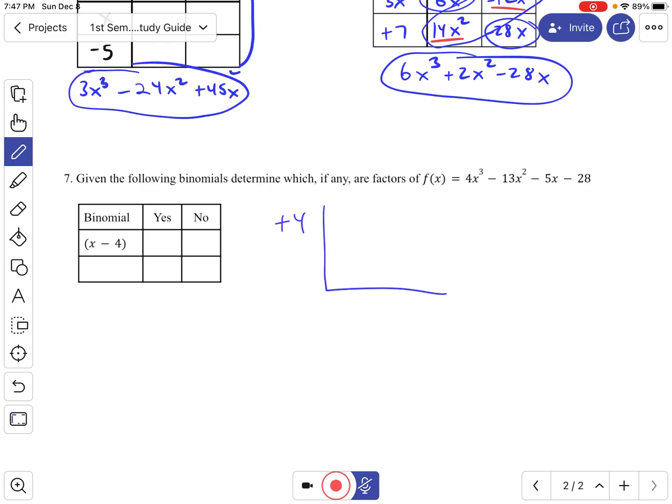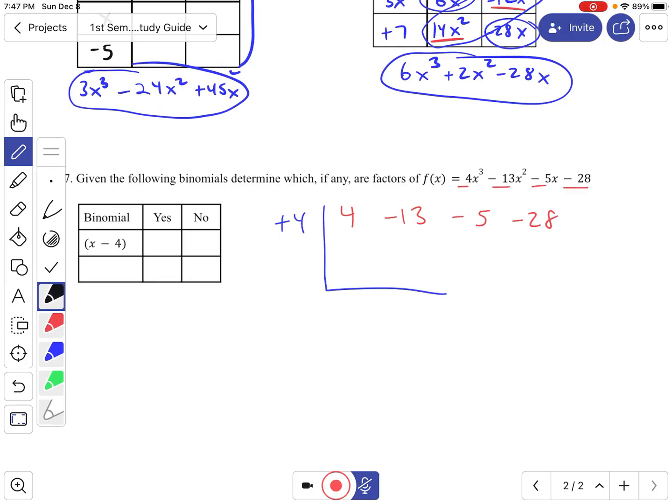And then we're going to set up these coefficients for negative 13, negative 5, and negative 28. We're going to write those coefficients right here. And now we have our synthetic division problem set up for us.